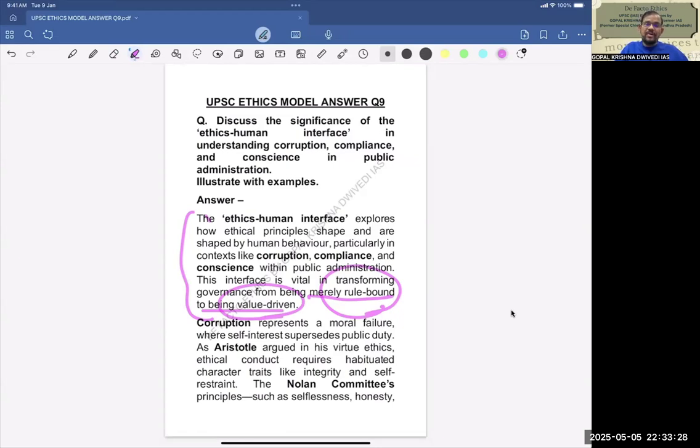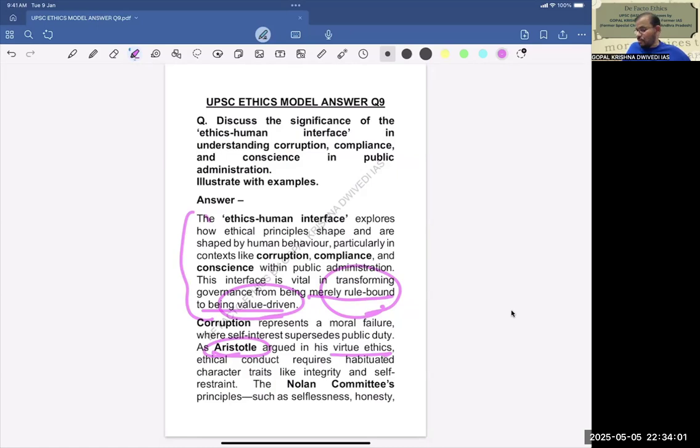Now we will go one by one: corruption, compliance, and conscience, and we will quote some references and examples. Corruption represents a moral failure where self-interest supersedes public duty. As Aristotle argued, and here we are quoting Aristotle because he is a relevant philosopher and virtue ethics is related to him, ethical conduct requires habituated character traits like integrity and self-restraint.